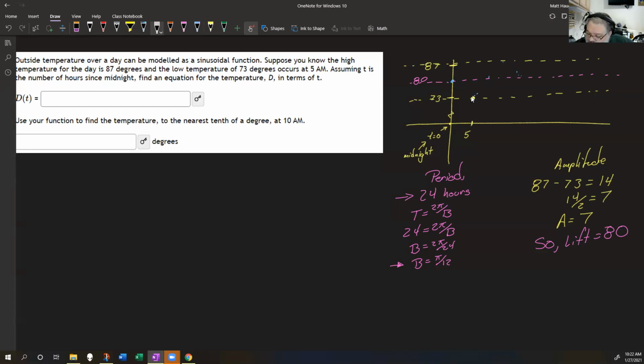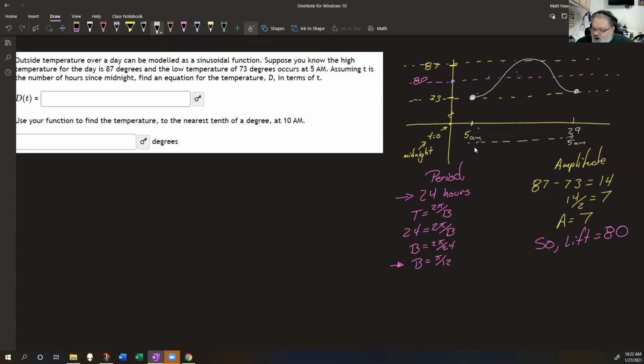We do know that we were at this minimum at 5 a.m. and we know what our period was. Our period is supposed to be 24 hours, right? So this is going to be 29 hours later. That's going to be the next 5 a.m. Fair?